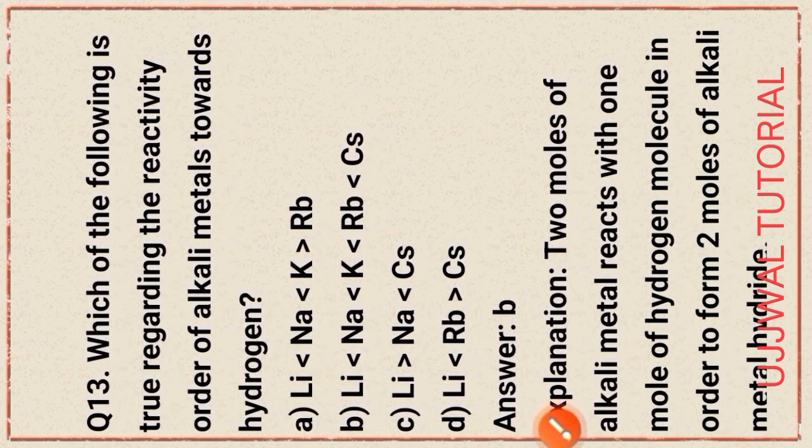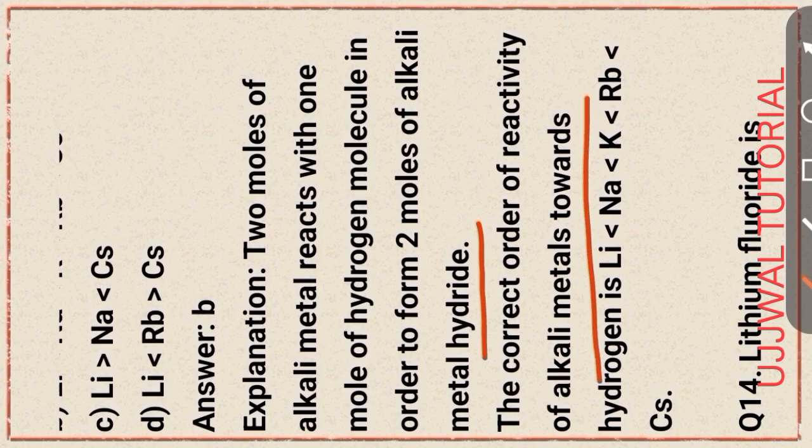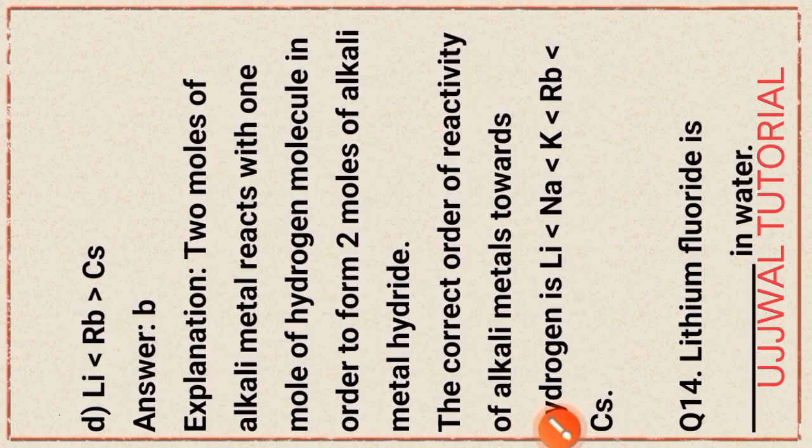Two moles of alkali metal react with one mole of hydrogen molecule to form two moles of alkali metal hydride. The reactivity of alkali metals towards hydrogen is lithium less than sodium, less than potassium, less than rubidium, less than cesium.